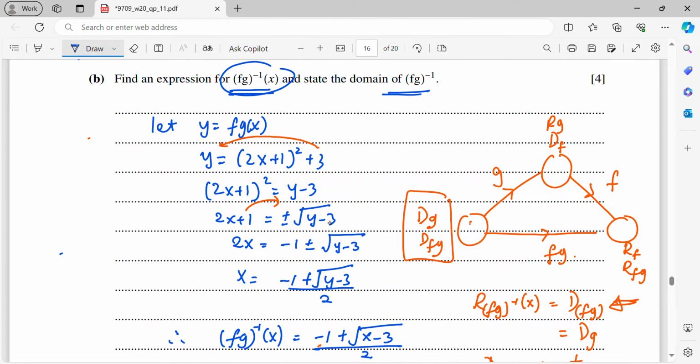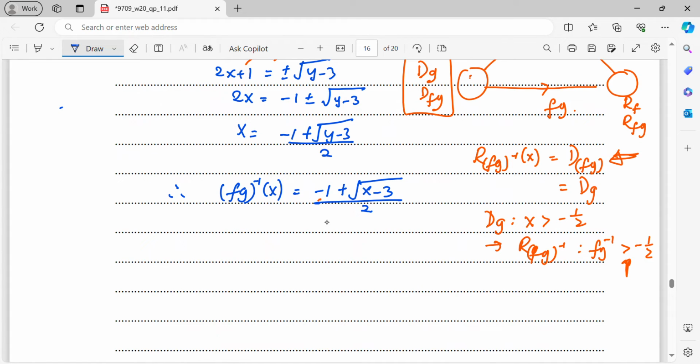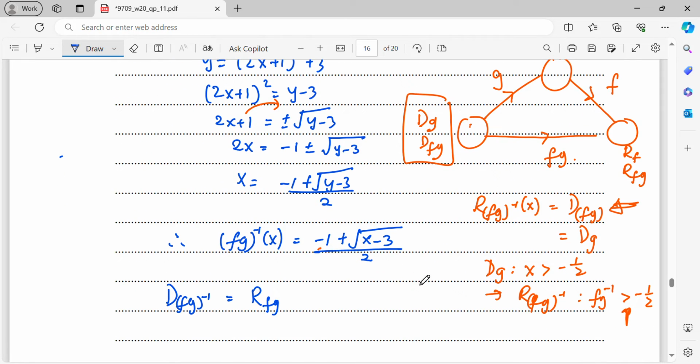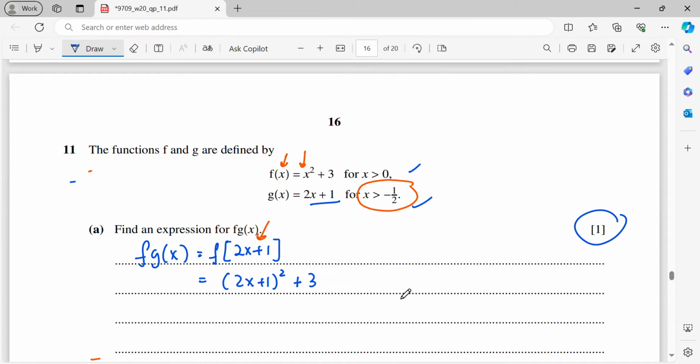Now, the question says domain of fg inverse. So now, domain of fg inverse equals range of fg. So now, refer to the domain, refer to the g first. Okay, so I will write down my g(x) is x greater than negative half.